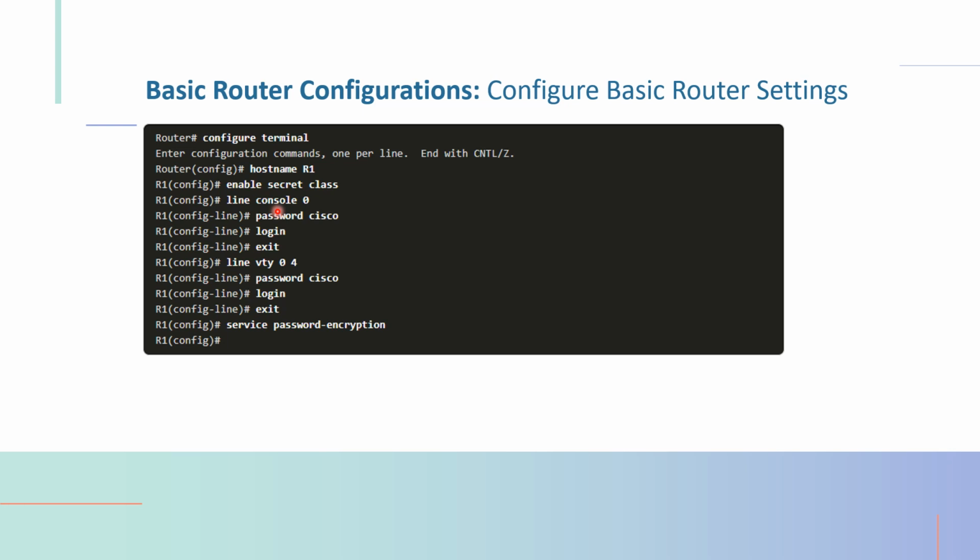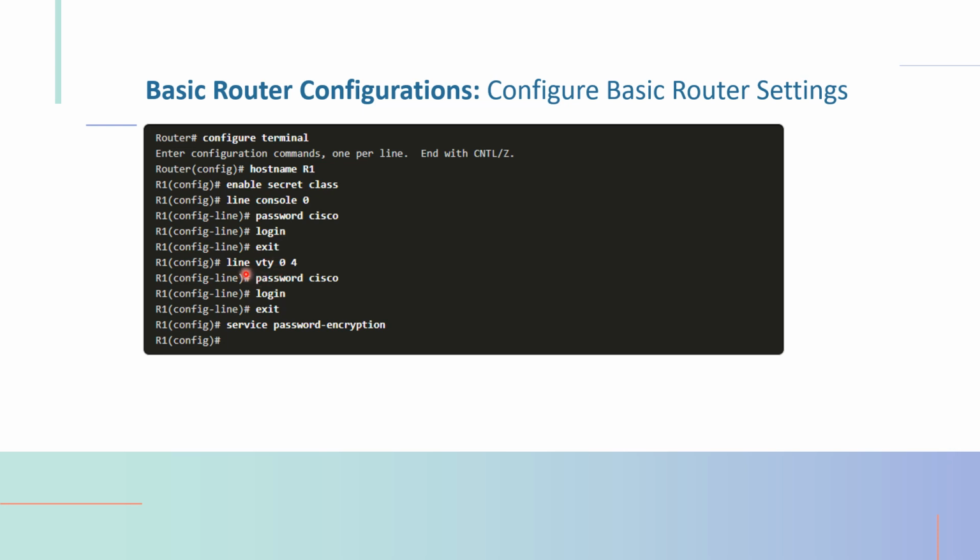Then we configure the line console, which means we have to enter line console mode. Each device has only one console port, and that's why we use line console 0. Then we configure the password for the console, and use the login command, which means we are activating the password.